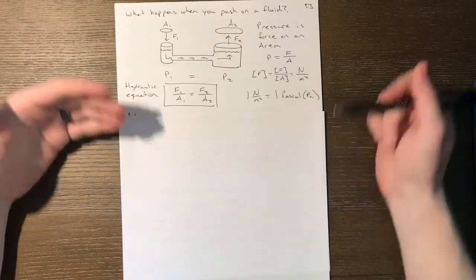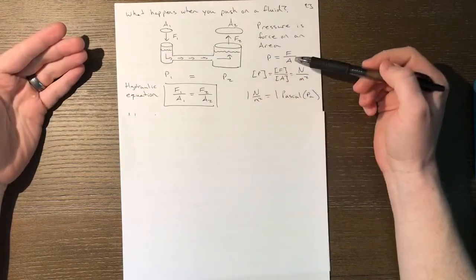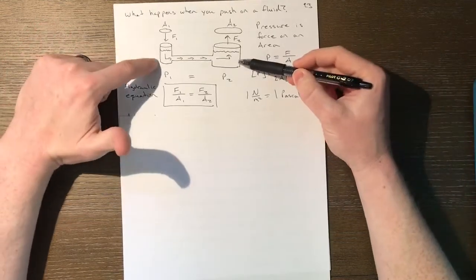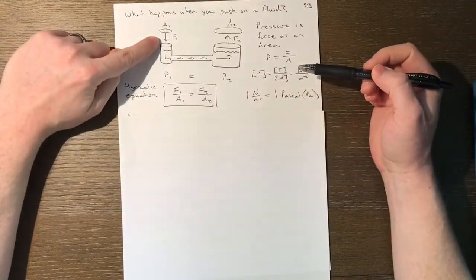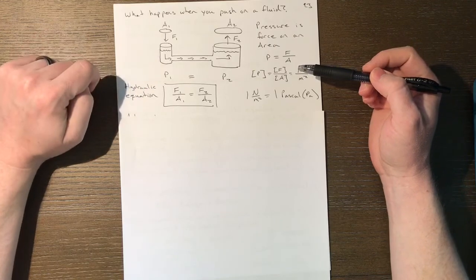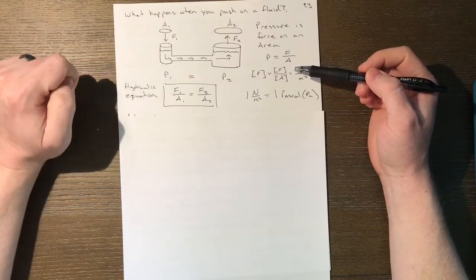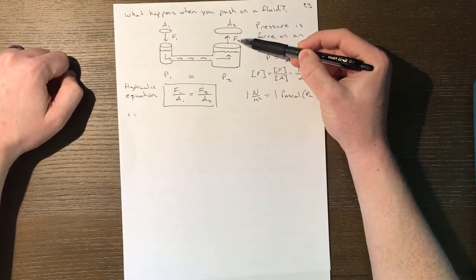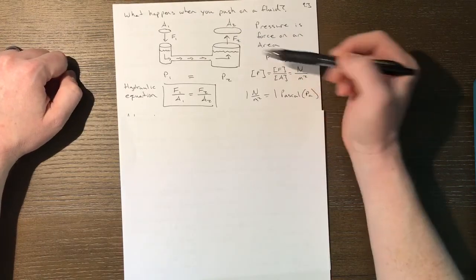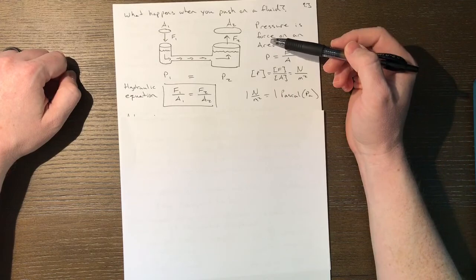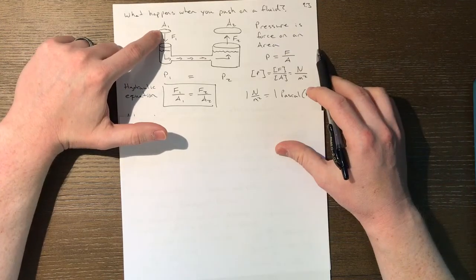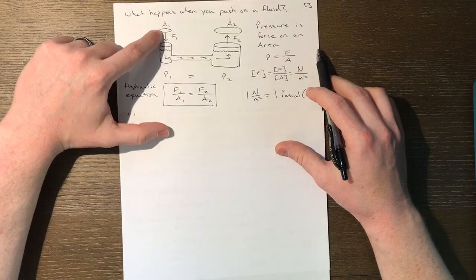And we can exploit these principles to make work easier. In fact, with the right setup, it can take minuscule, tiny amounts of force on an input piston to lift massive amounts of weight, massive amounts of force on the output piston. And the trick is to make the input piston very small, a very small area.